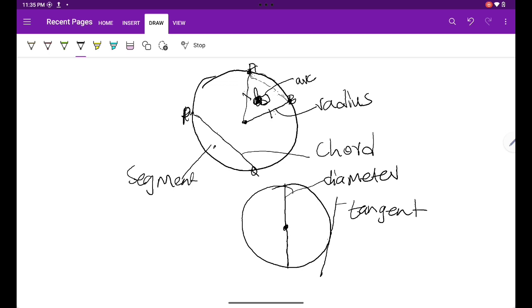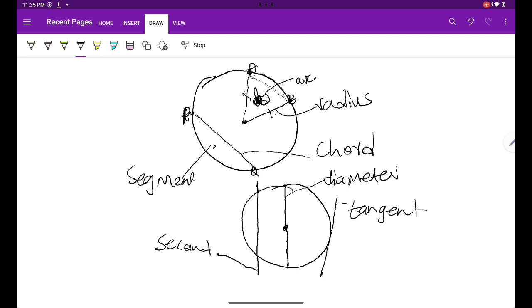So we will be dealing with these lines. There are some lines we don't really talk about, like the one that passes through the circle, which we call a secant.